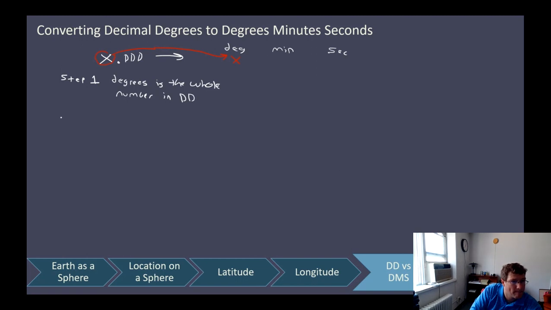Step 2: we're going to multiply the decimal part by 60 to get the number of minutes.